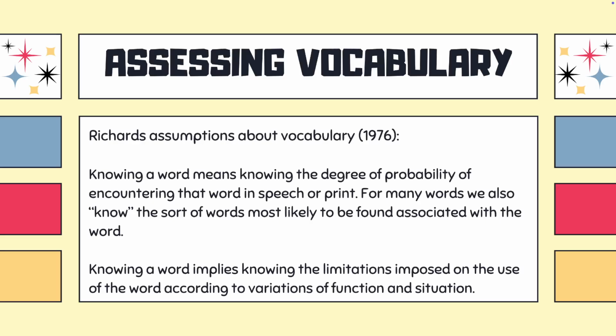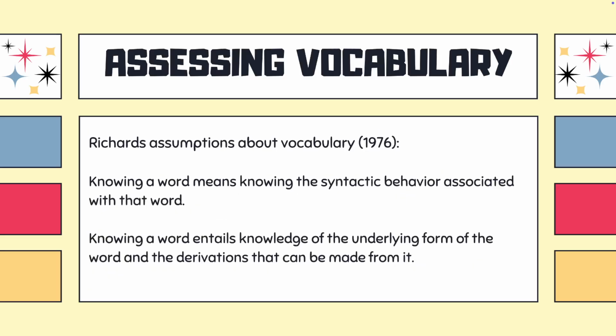So when you can use it, when you can't, when it's appropriate, things like that. Okay, knowing a word means knowing the syntactic behavior associated with that word. And it also entails knowledge of the underlying form of the word and the derivations that can be made from it. So it's not so simple as just being able to identify it.